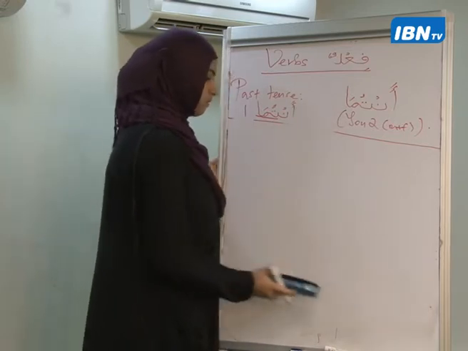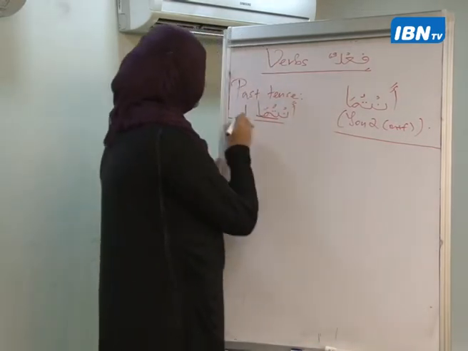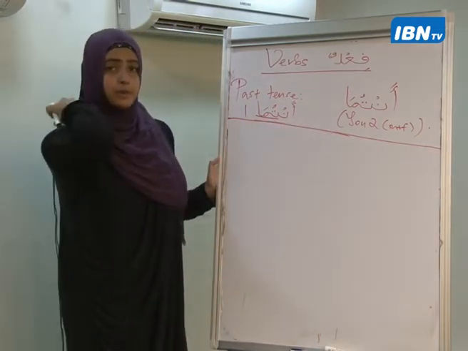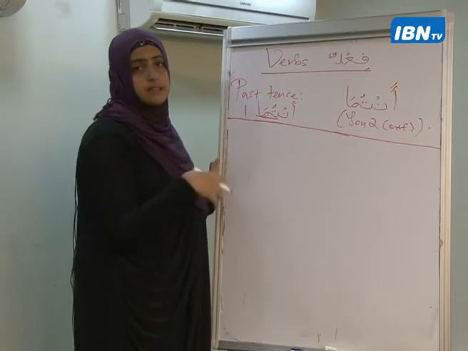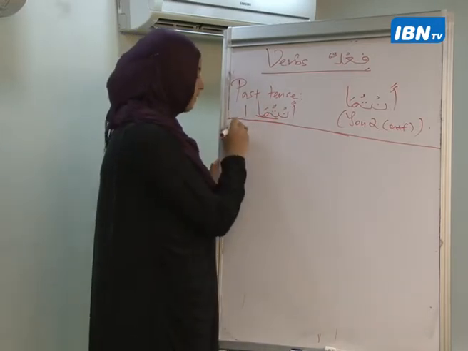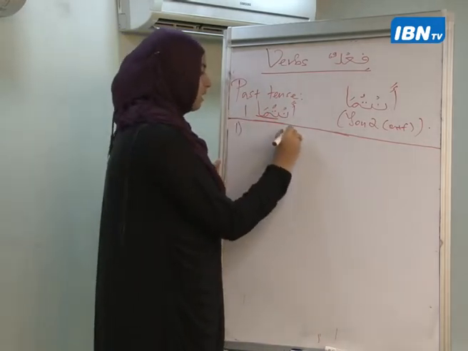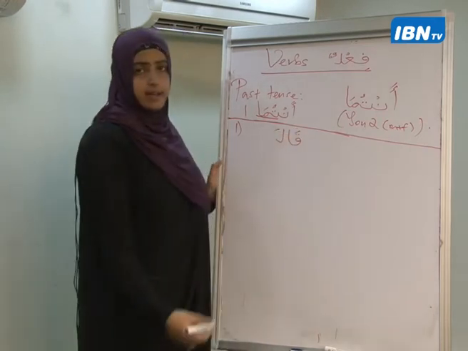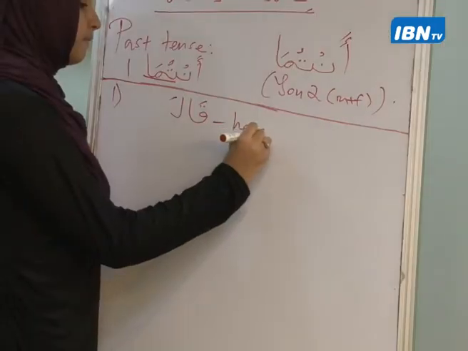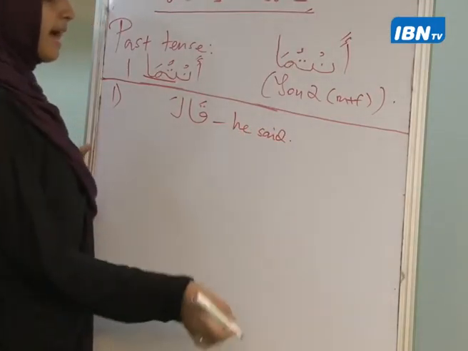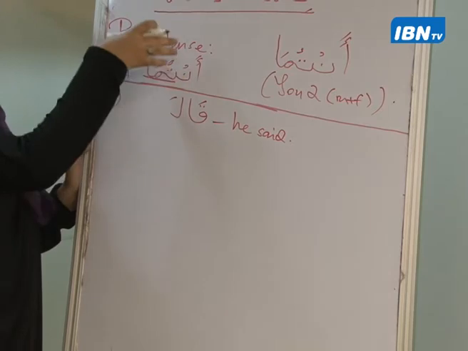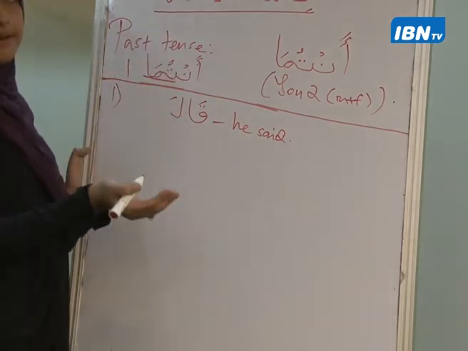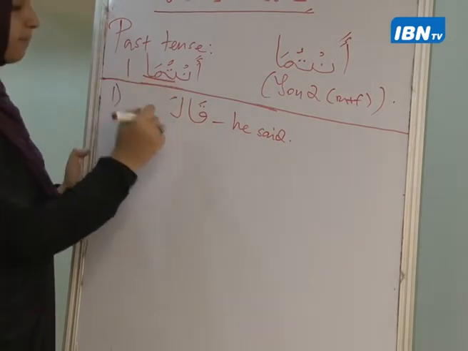Now remember those three special cases I was talking about yesterday in terms of anta and anti? We had qala, that was the first. Qala means he said. Now I want to change this into antuma. I want to say you two said. So how will I change it? Again, I will add ta and mim.